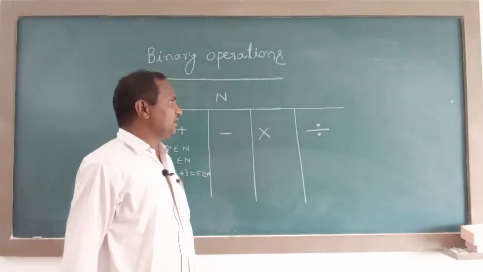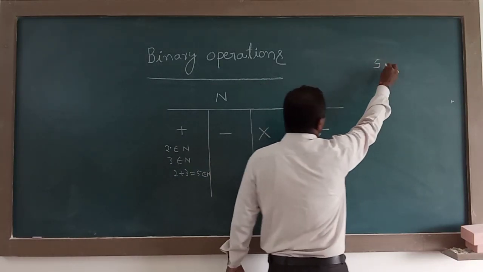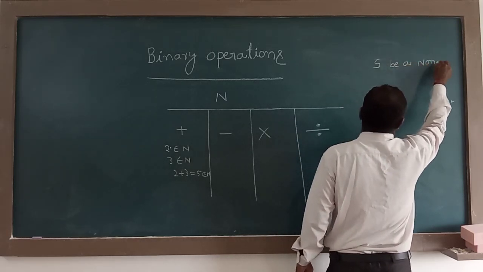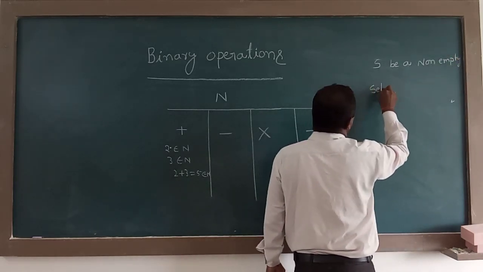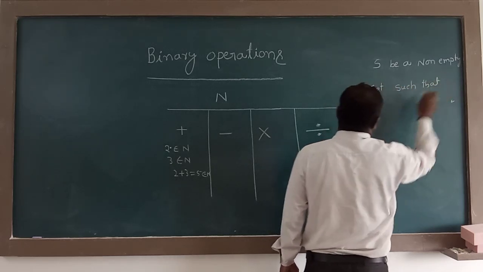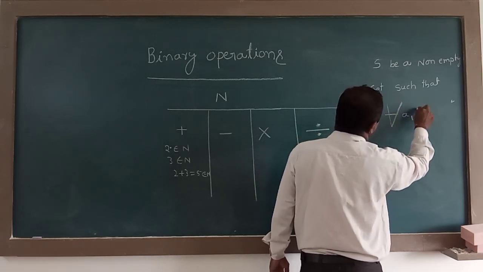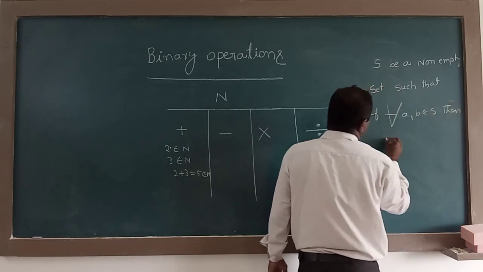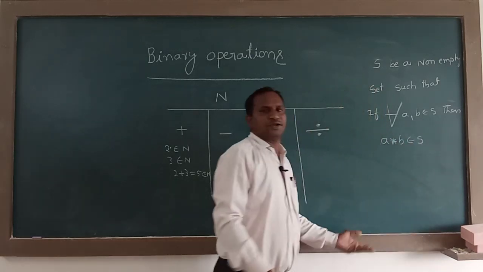That's why we can give the definition. Let S be a non-empty set such that if for all a, b belongs to S, then a star b belongs to S, where star is a binary operation.